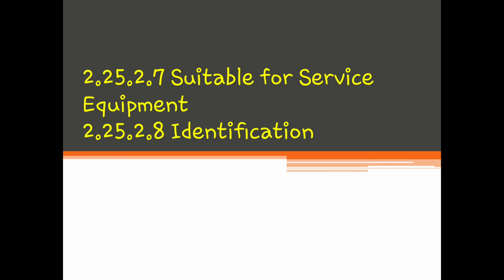So next is suitable for service equipment. Ang ginagamit nato sa mga garage and outbuildings on residential property na mga disconnecting means kay a snap switch or a set of 3-way or 4-way snap switches, mao na sila ang permitted as the disconnecting means. Next is identification.